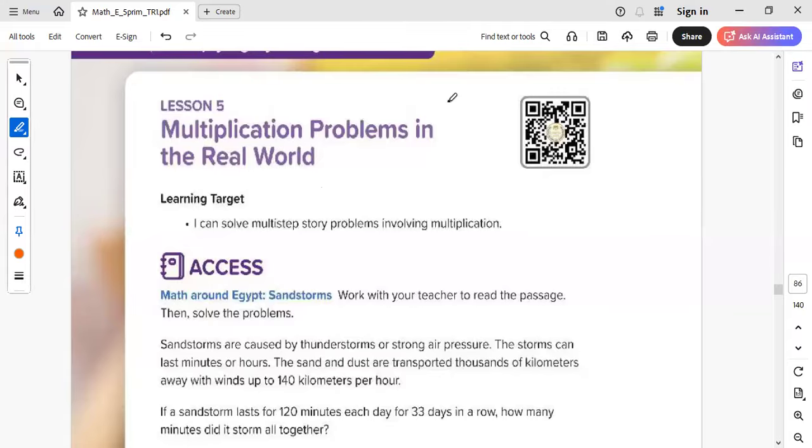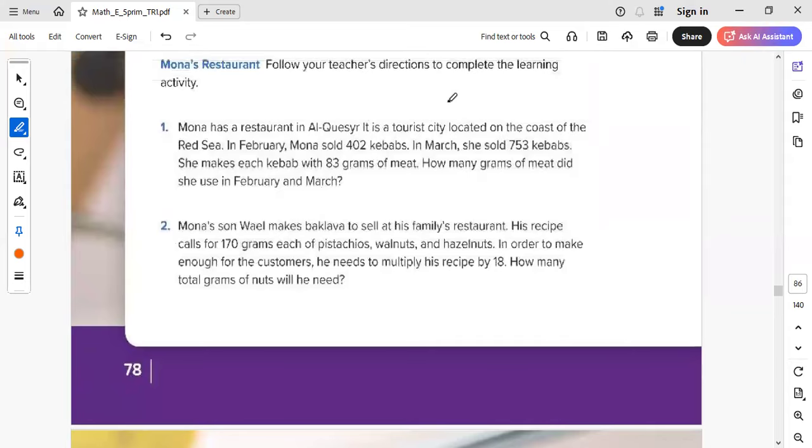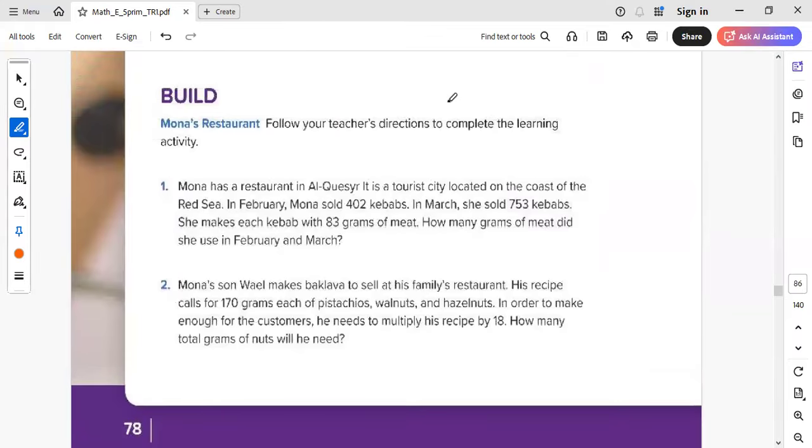So please open your book, page number 78, and let's start to solve the first problem. The first problem is talking about Mona, who has a restaurant in Al Qusir.